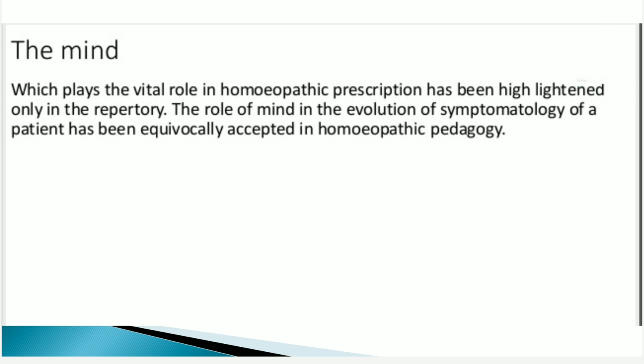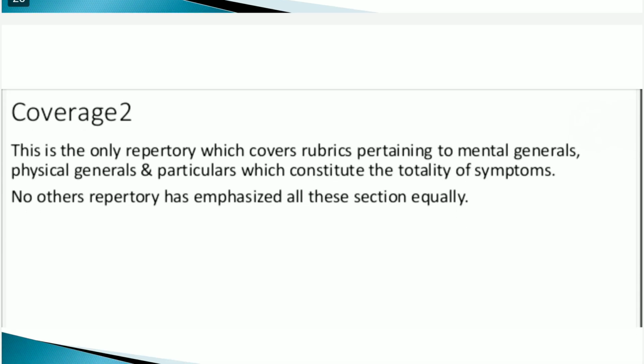So the role of mind in evolution of symptomatology of a patient is unequivocally accepted in homeopathic pedagogy. So when we get any external manifestations, any symptoms, there may be the role of mind, there may be disturbances at the mental plane, mental level.